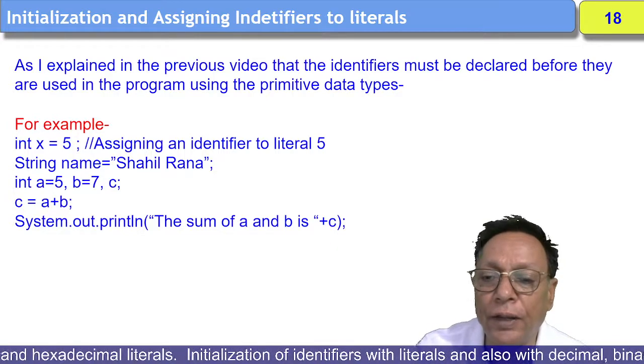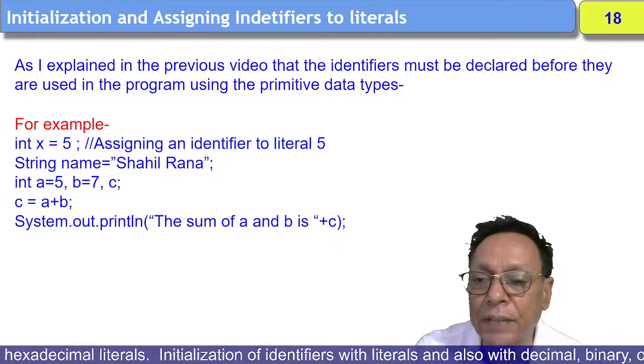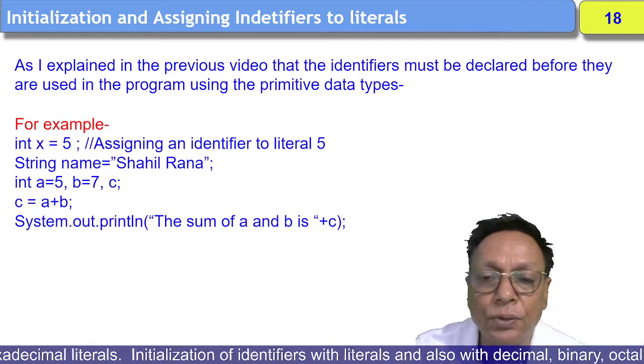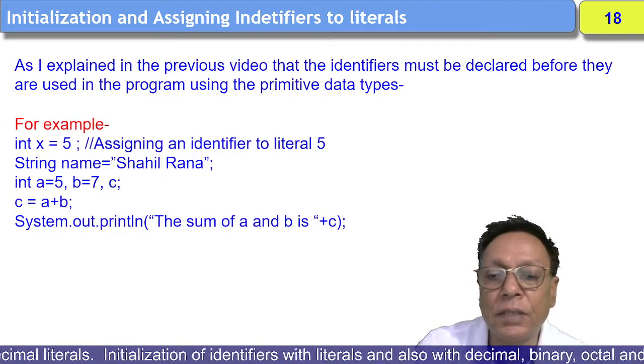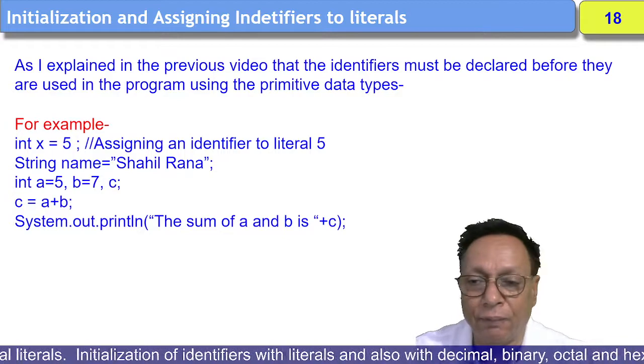So this time it should print: the sum of A and B is 12.